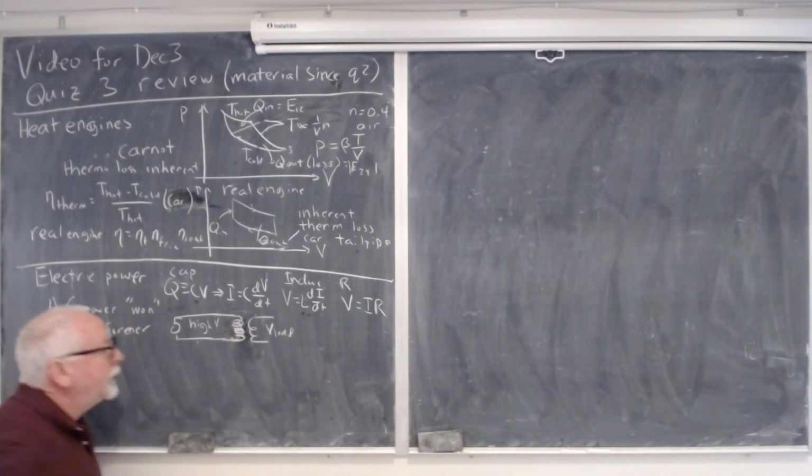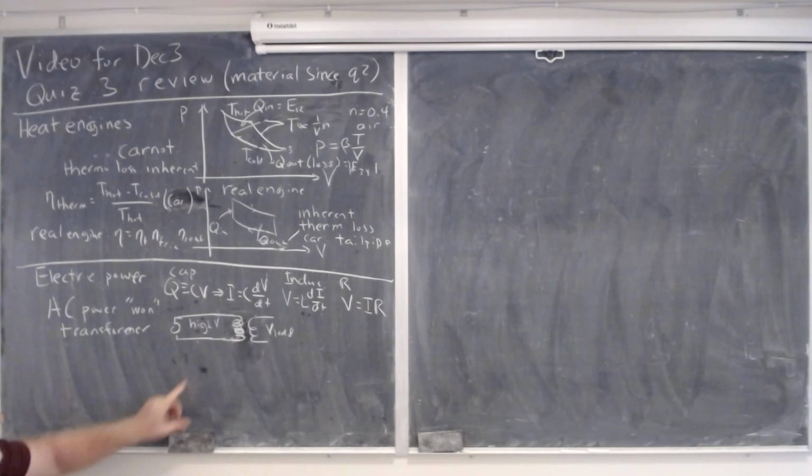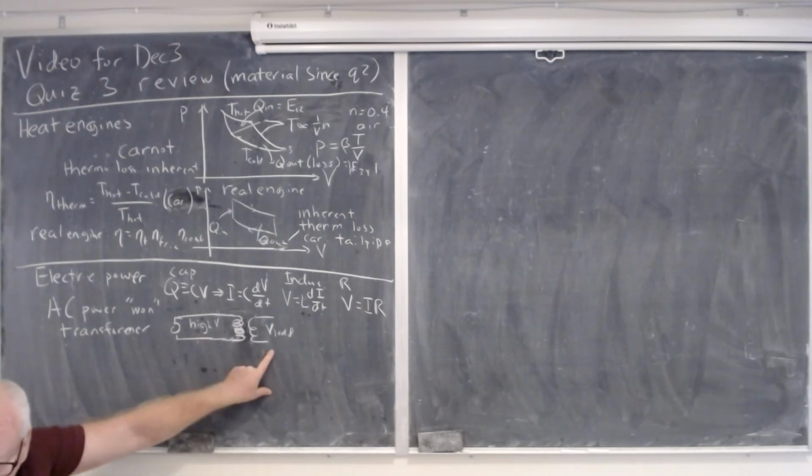Okay, and you learned that in order to have low losses in your transmission, you want as high a voltage as possible, because then you have as low a current as possible. But we can't have 600,000 volts coming out of our outlets in our houses.